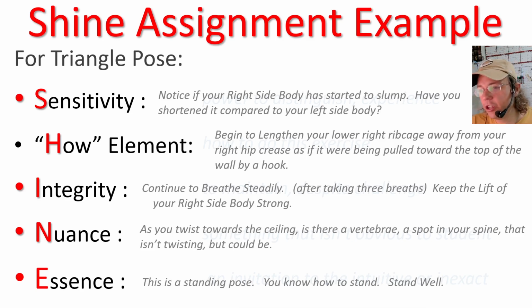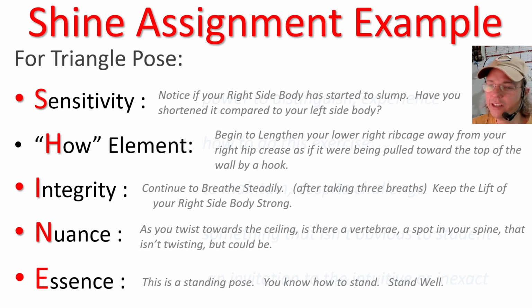I want to think of a cue that brings a how element in. And so the example here is begin to lengthen your lower right rib cage away from your right hip crease, as if you're being pulled toward the top of the wall by a hook, right? So I'm giving them a how do you do that?